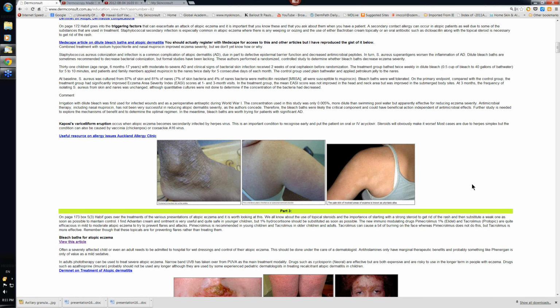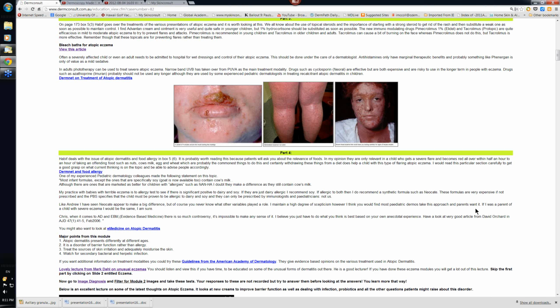In the module itself, or in the webinar, we're going to talk a little bit more about some of the systemic therapies for atopic dermatitis, because you're all fairly au fait with the common topical preparations that are used in treating this condition. But if you've got patients with severe atopic dermatitis, then you've got to consider alternative treatments.